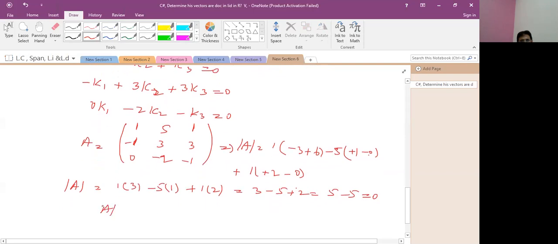So according to the given condition, determinant of A is equal to 0.